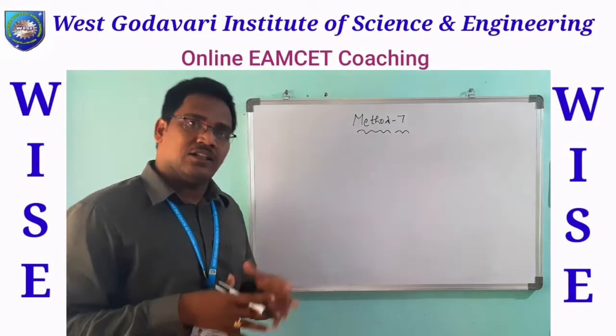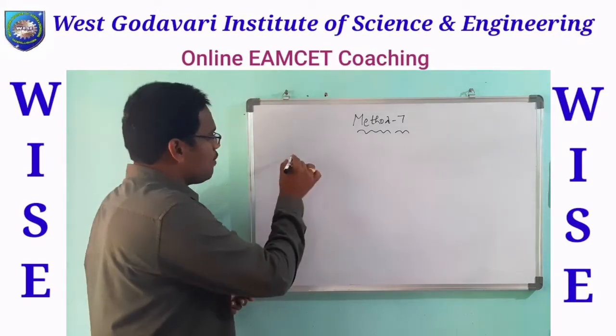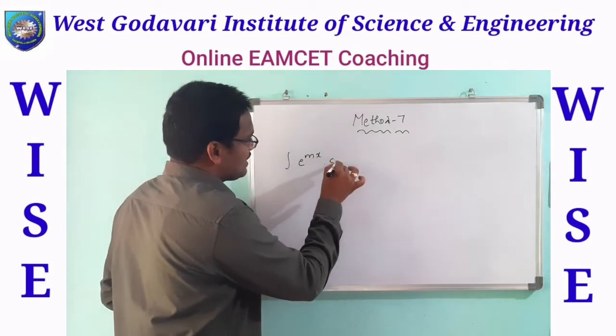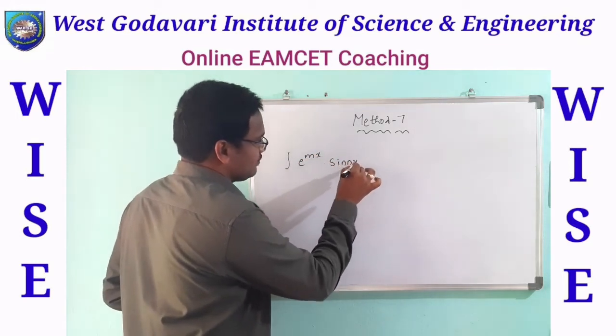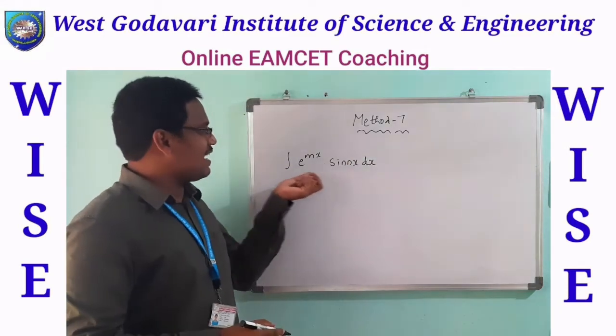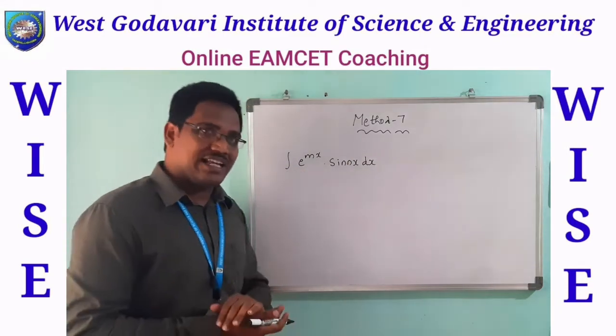In this method, suppose the integration is in the form of the integral of e power mx into sin nx dx. Here sin nx and e power mx are multiplied with each other.